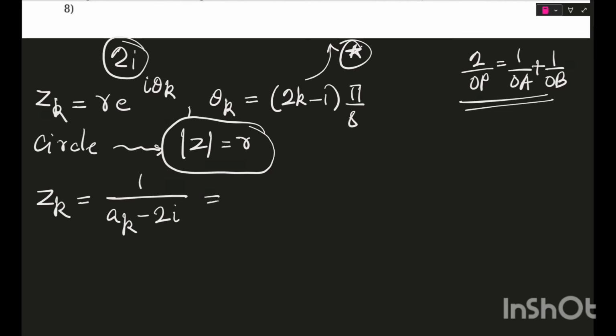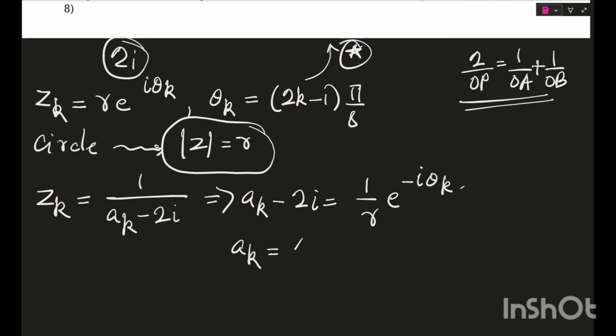So ak minus 2i is equal to 1 by zk. Now 1 by zk I can write as 1 by r e to the power minus i theta k. So ak is actually 2 times i plus 1 by r times e to the power minus i theta k.